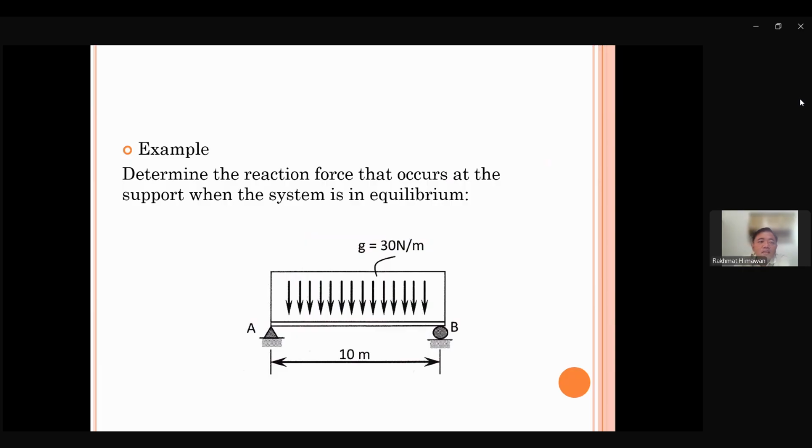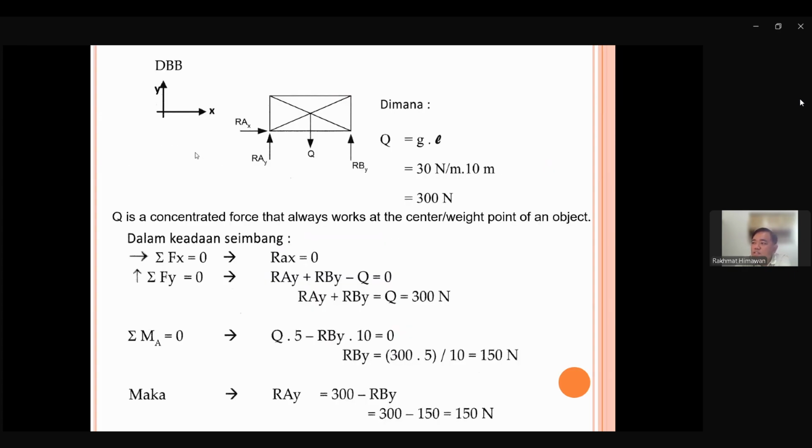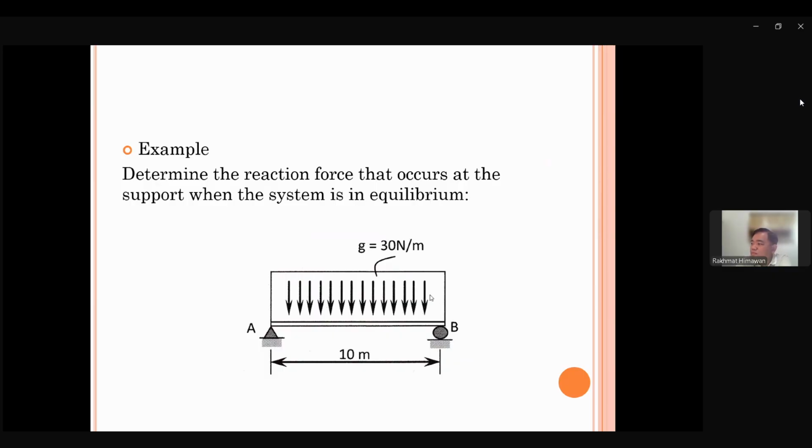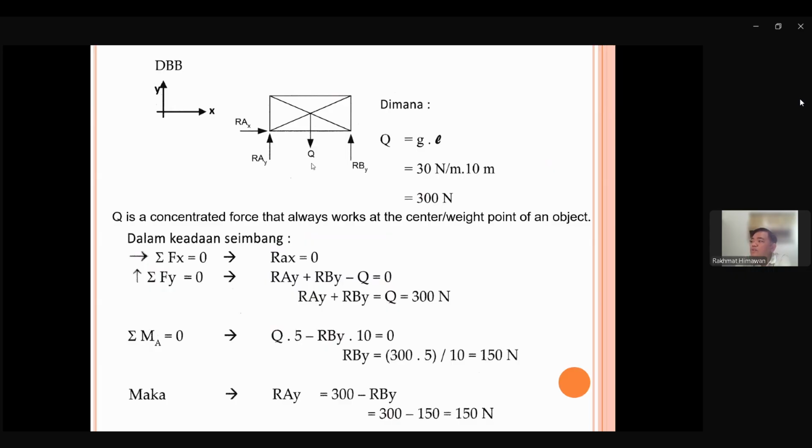Okay, let's try to discuss this. We need to draw the free body diagram. We can put X in this direction, Y in this direction. Then here at point A, we have a hinge support, so we have RAY and RAX. At point B, we have RBY because it is a roll support. How about this action force? You have Q, which is the center.